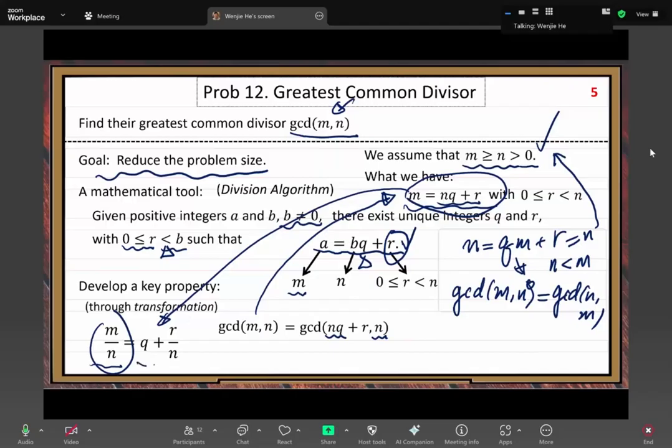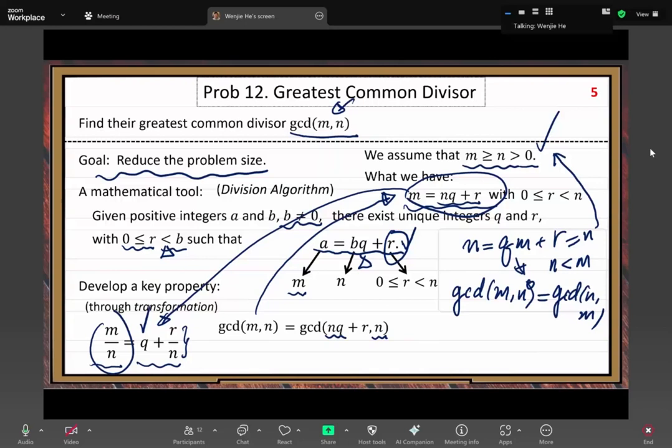After simplification, we can write the quotient part, the first term. After you do cancellation of n in numerator and denominator, you have an integer q term, and after that you have a remainder over the divisor term.